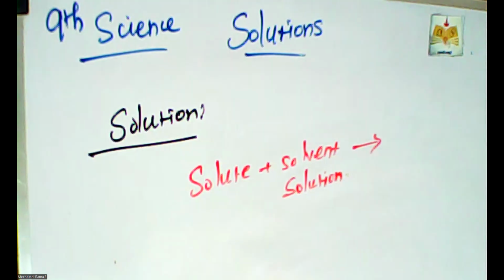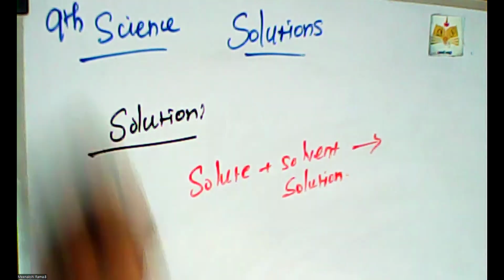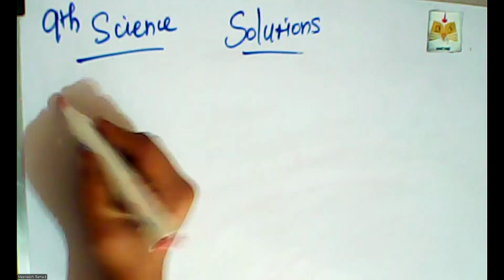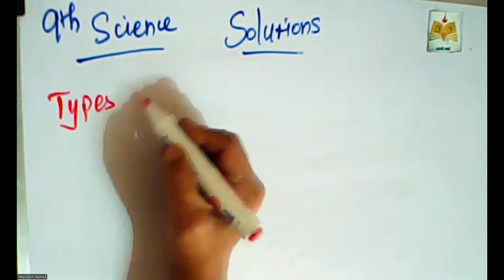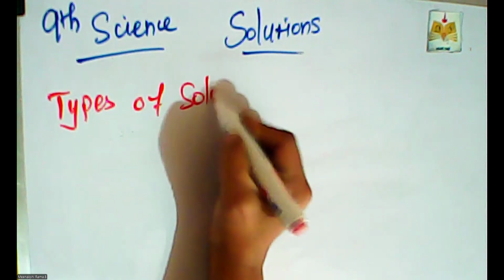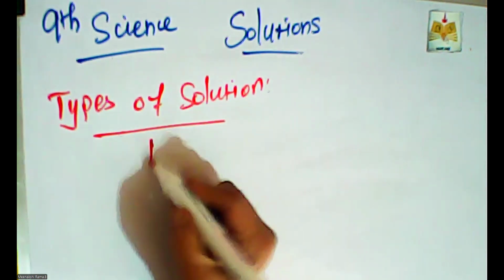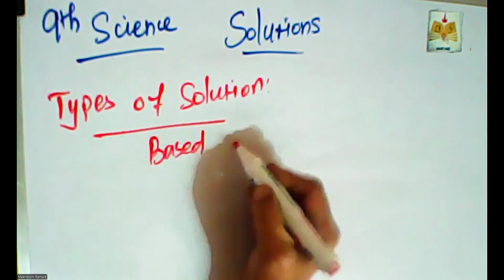Based on the particle size of the solute, solutions are divided into three types. Different sizes of particles are mixed in a solution. How can we classify them?